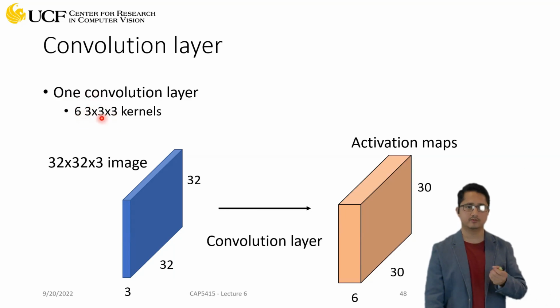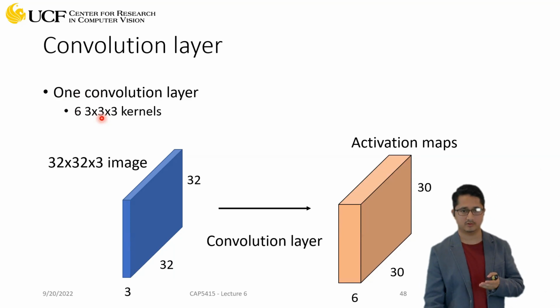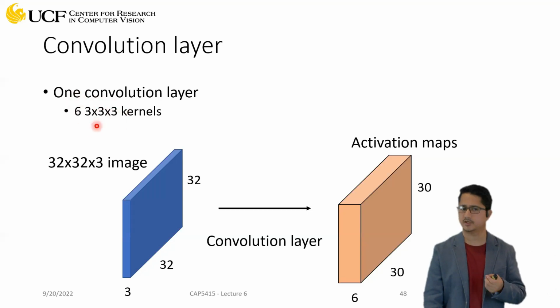So usually in your CNN, when you're developing a 2-dimensional convolutional neural network, you will only say that the kernel is 3 cross 3 or 5 cross 5, 1 cross 1, 7 cross 7, because the third dimension is implicit. The third dimension is determined based on the depth of your input feature map. In this case, the image is the input and you have 3 channels, and therefore the third dimension of this kernel has to be 3.